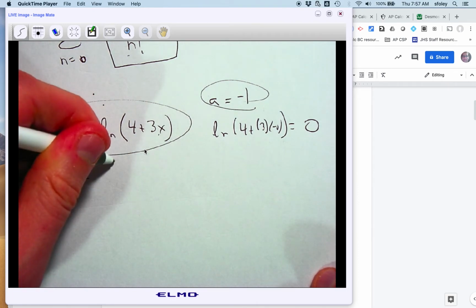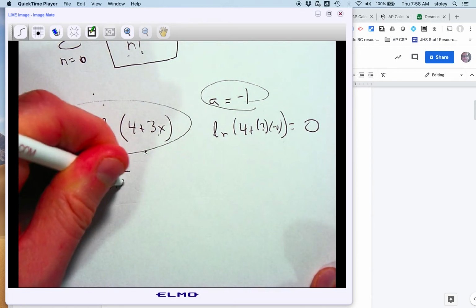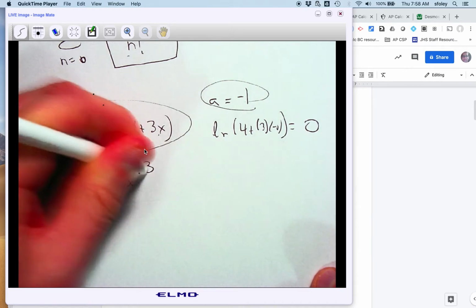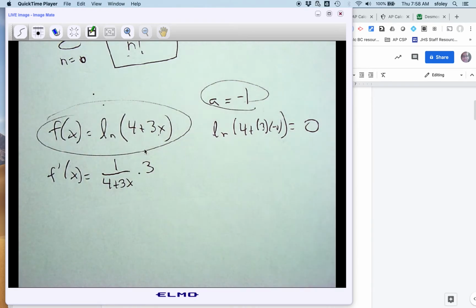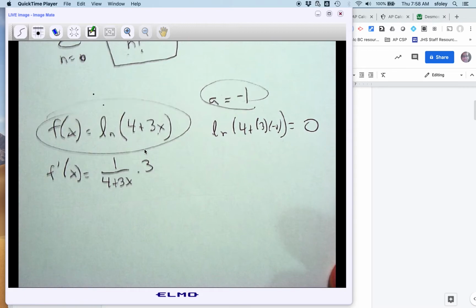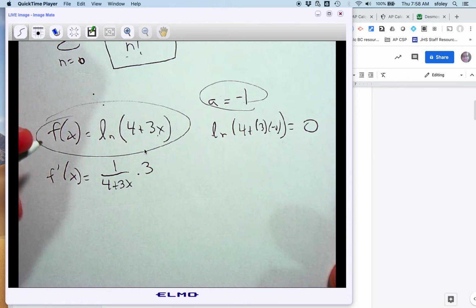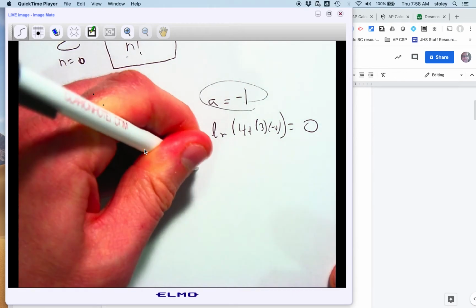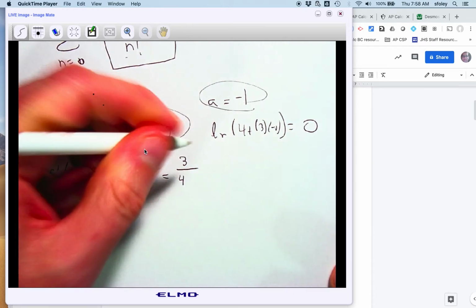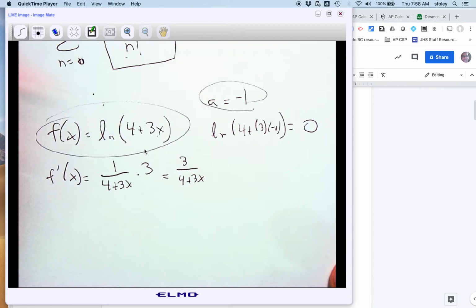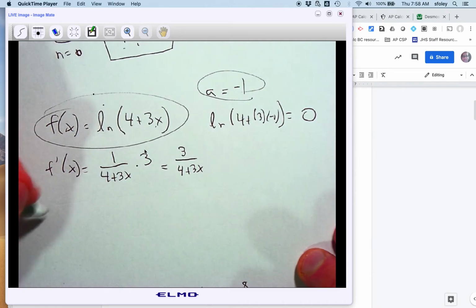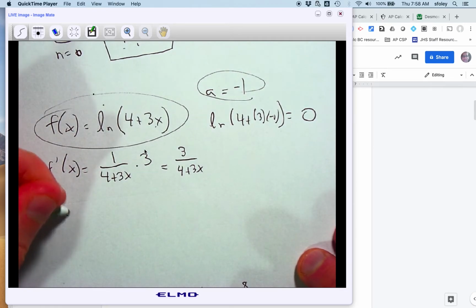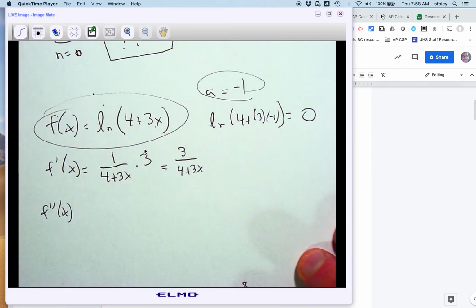I'll take the first derivative, so natural log, 1 over the inside times the derivative of the inside. And then if they said second degree, let's clean this up just a little bit. So 3 over 4 plus 3x. And so the second derivative, that's like 4 plus 3x to the -1.